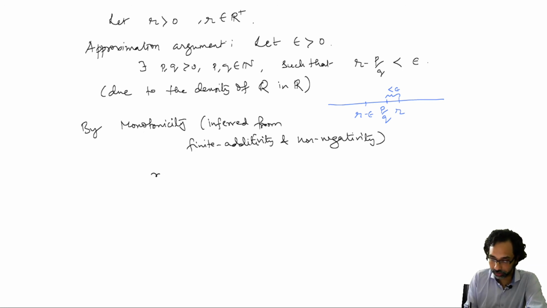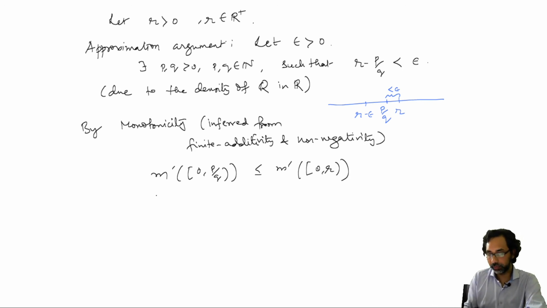Therefore, since this interval 0 to p by q is a subset of the interval 0 to r, we have that m prime of 0 to p by q is less than or equal to m prime of 0 to r. Now we already know what our m prime of 0 to p by q is. This is nothing but alpha m prime times p by q.